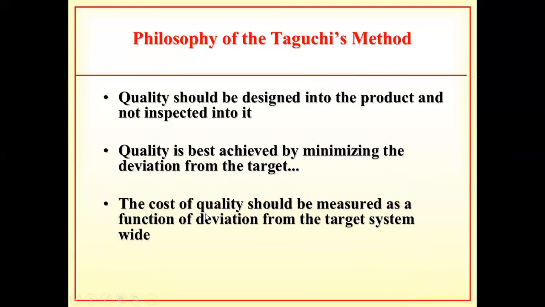The third is that the cost of quality should be measured as a function of deviation from the target, system-wide. When I say system-wide, I mean any additional cost from the time the product is shipped to the customer till the product dies, during the entire life cycle of the product. Ideally, this additional cost should be zero. These three statements tell you the whole story of the philosophy.